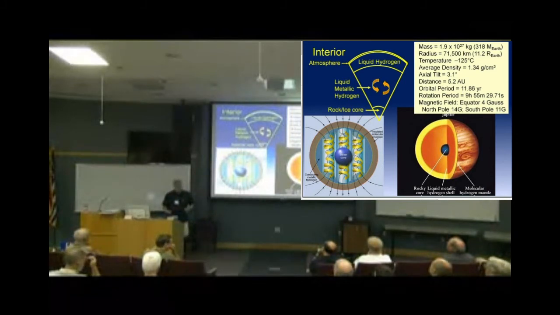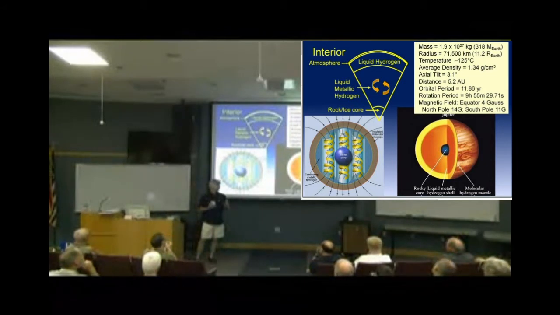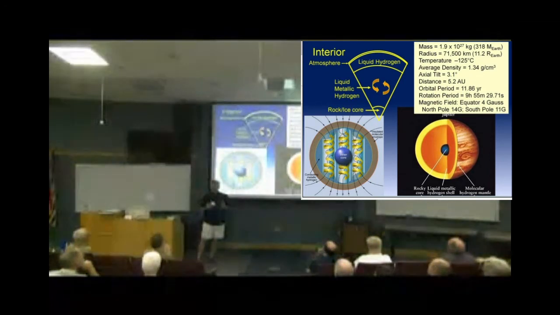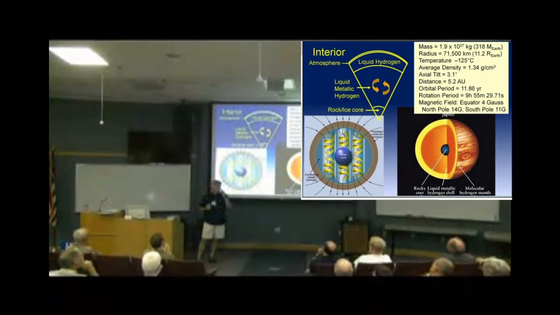Why is that important? Well, in order to generate a magnetic field, you have to have a moving, electrically conducting material. So now we have an electrically conducting material in this metallic hydrogen. And we've got a fairly fast rotation, 10 hours. So there's a lot of energy in that rotation.